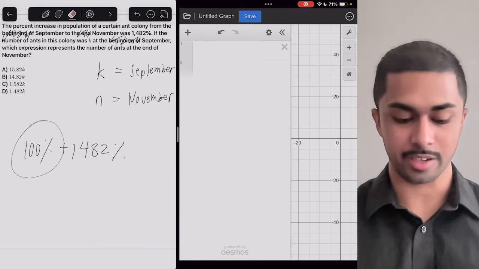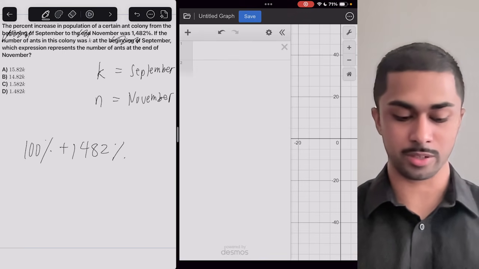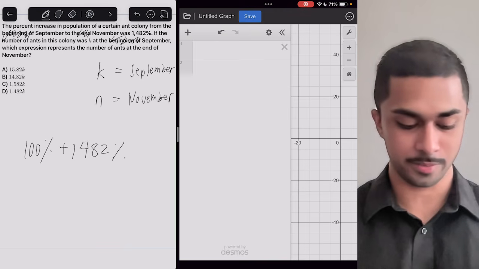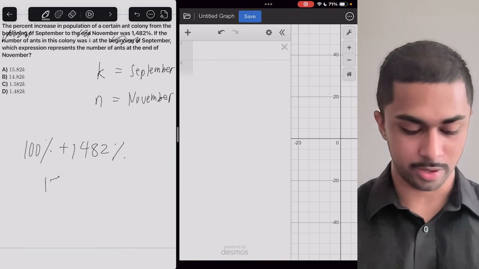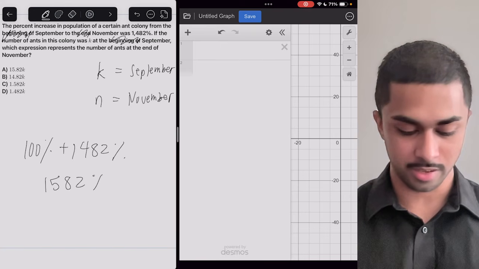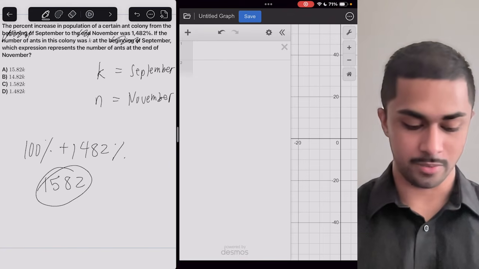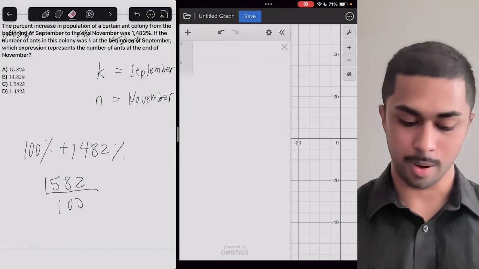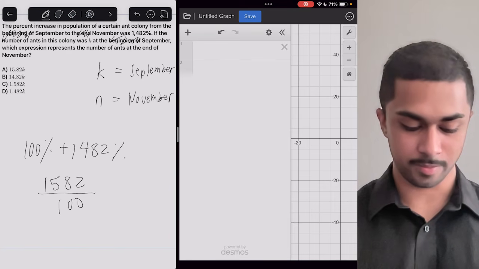That's how you find percent increase. You take the percent and add the original, which is 100% always. Now, once you add these together, you get 1,582%. Anytime you see percent, it's just the number divided by 100. Remember that. Percent is number divided by 100.